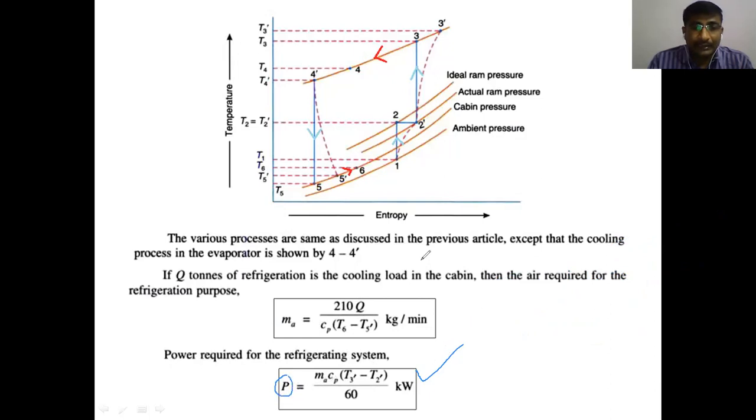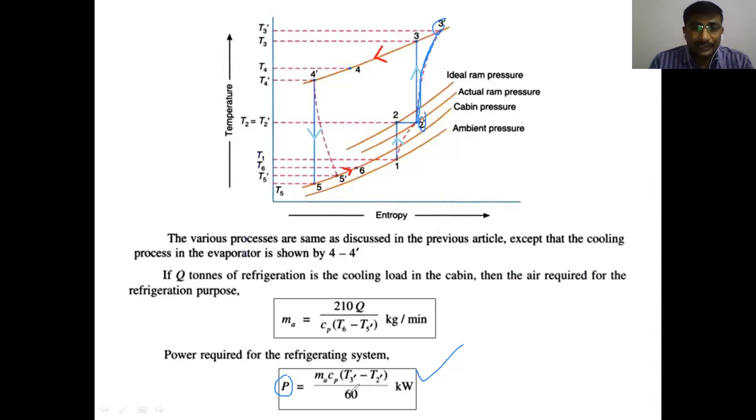the power formula. The work done during the compression process is the mass of air entering the compressor times the specific heat of air times the temperature rise across the compressor, from 2' to 3'. So (T3' − T2') is the actual temperature rise across the compressor.